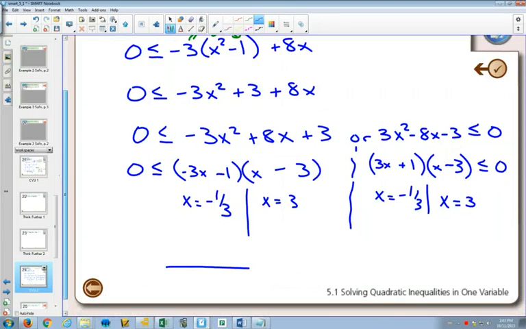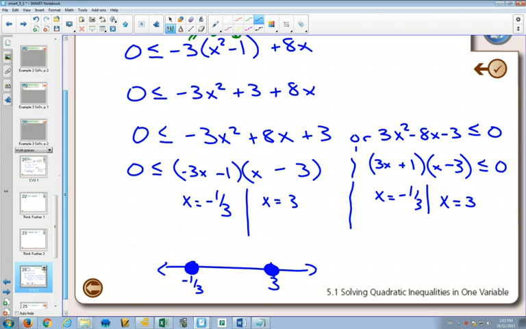On our number line, no matter which one we pick, once we label 3 and negative 1/3, we look at our original equation and it has an equal sign. So these would be colored in. Something quite enjoyable, we'll color them in.